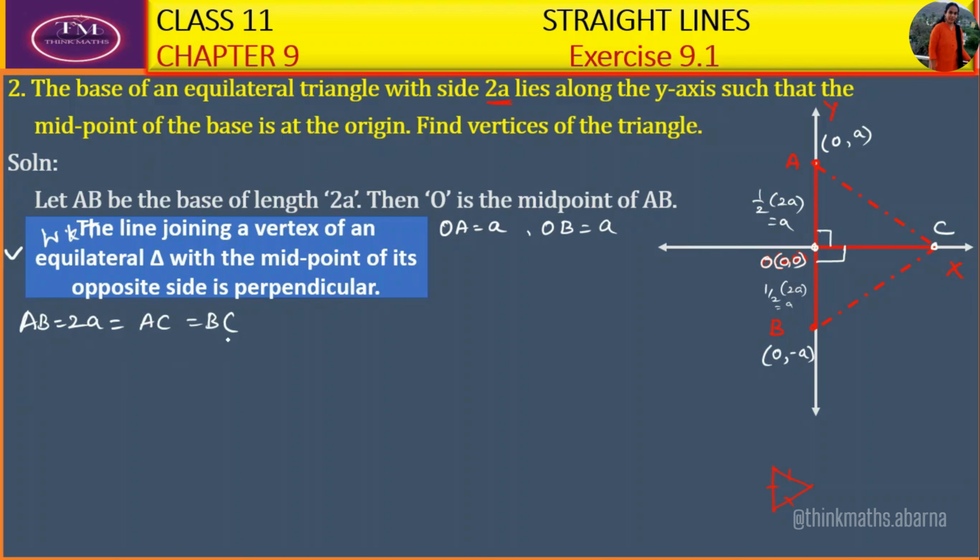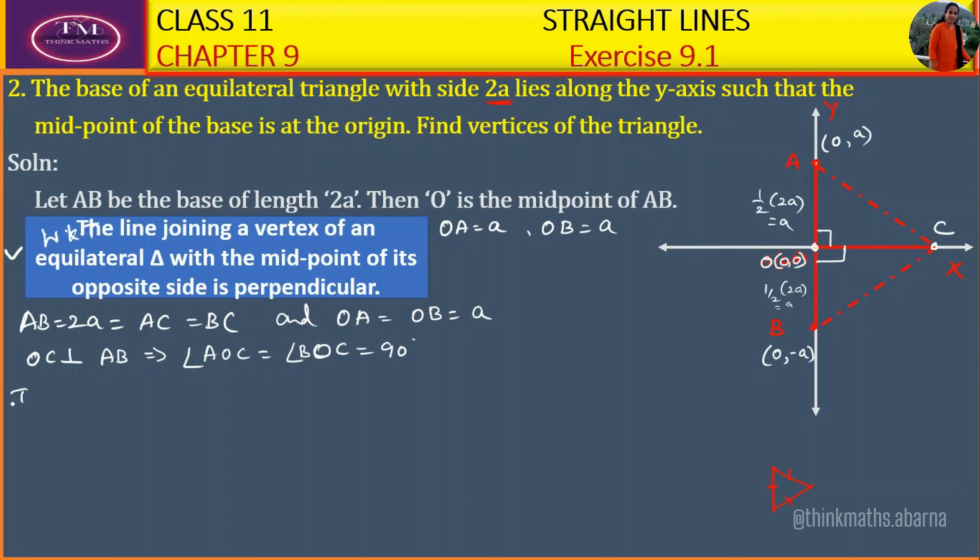So all have the side 2A, and OA is equal to OB is equal to A. So these are the lengths. Now we have OC perpendicular to AB. That means angle AOC is equal to angle BOC is equal to 90 degrees.